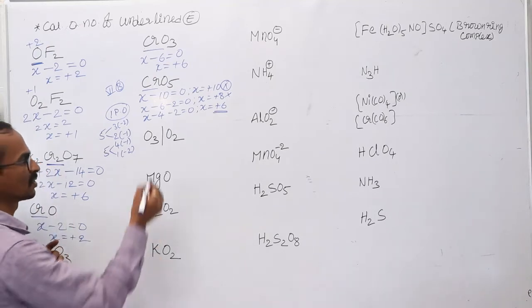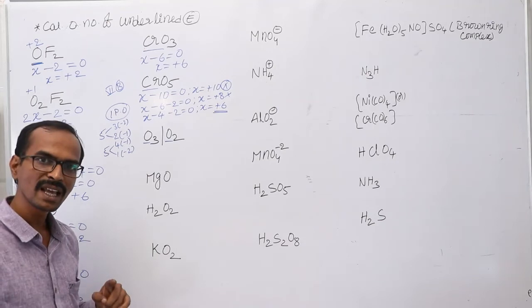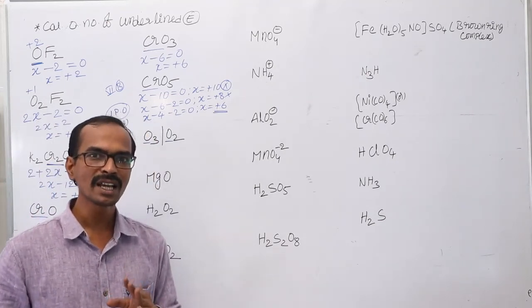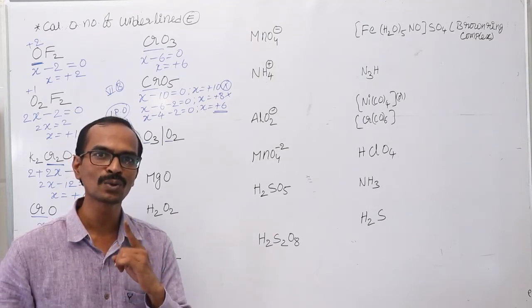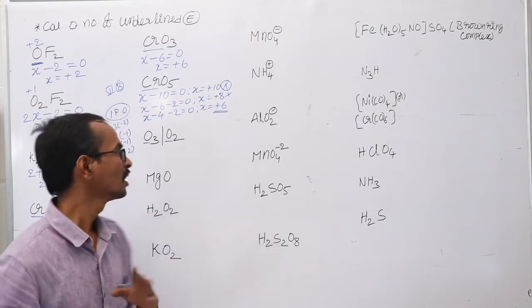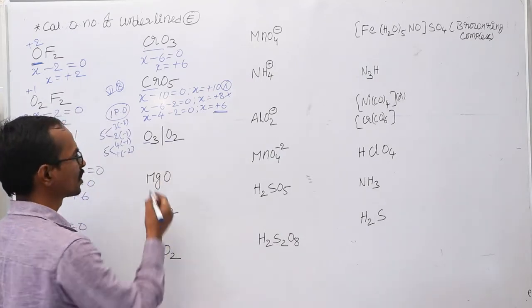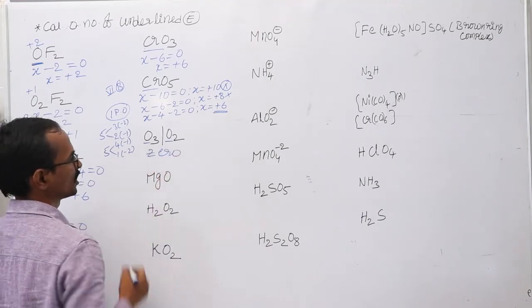Okay, let us go for the next example. Either O3 or O2. If any element combines with the same element, the oxidation number resultant to that bond is equal to 0. Now in O3 and O2, oxygen atoms are bonded together. So all are having 0 oxidation state.